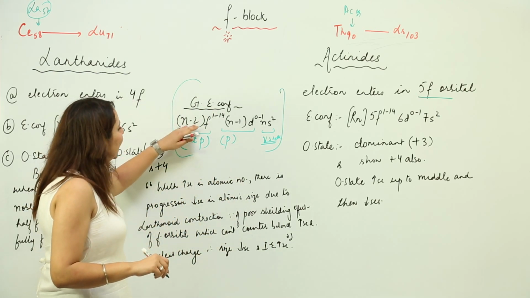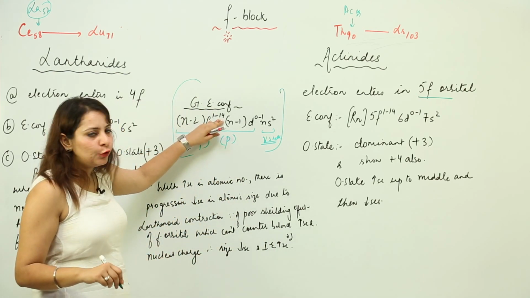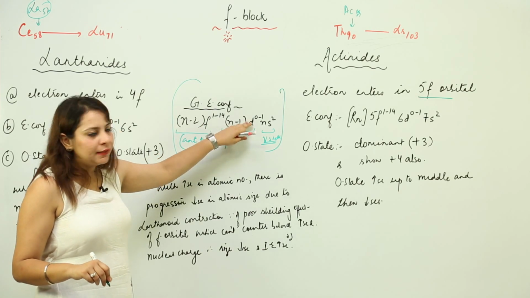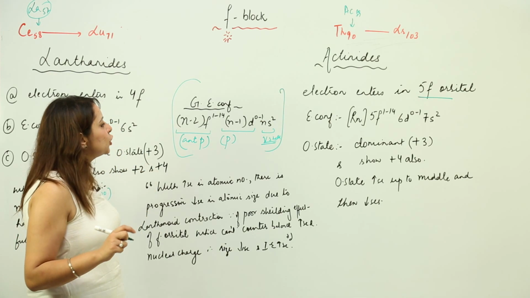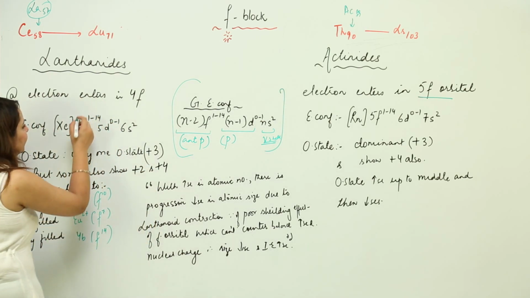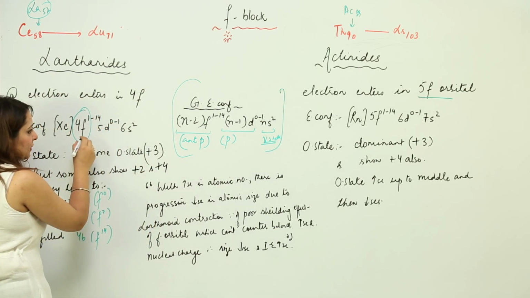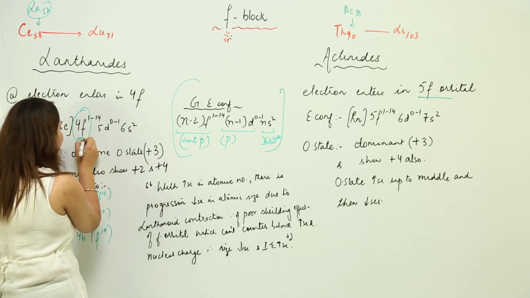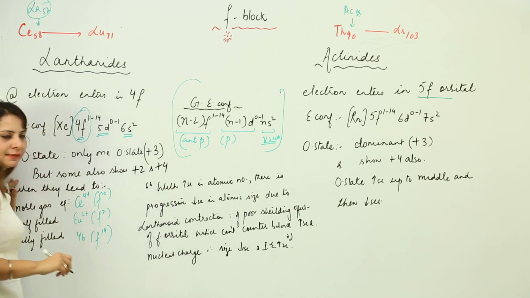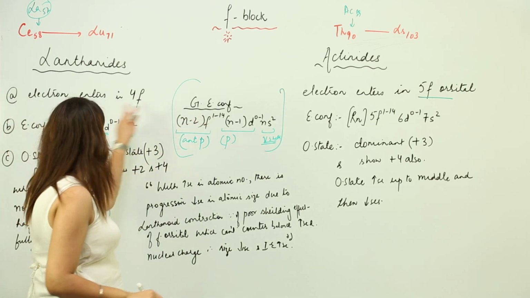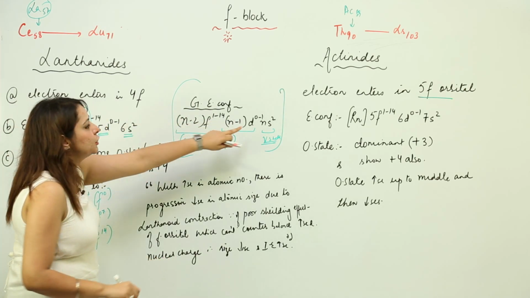So it is (n-2)f1-14, (n-1)d0-1, and ns2, which is obviously going to possess 2 electrons. For the lanthanides, the filling of the 4f orbital will take place, so the antepenultimate is 4f, the penultimate will be 5d, and the final shell will be 6s. The electrons remain the same: 1 to 14, 0 to 1, and 2.